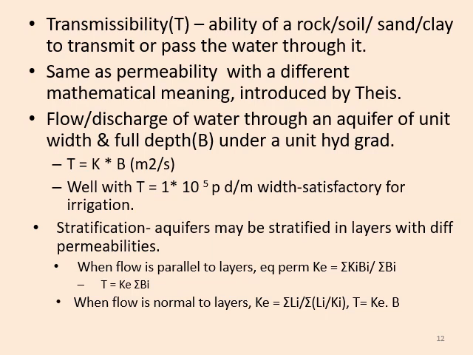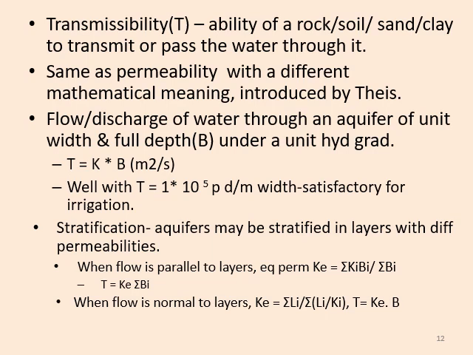B means full depth of the aquifer; for B1 it will be K1, for B2 it will be K2. In that case T will be equal to Ke into summation of Bi.